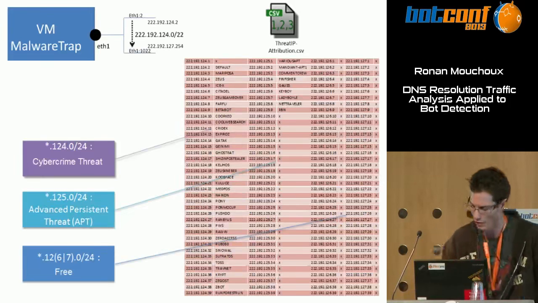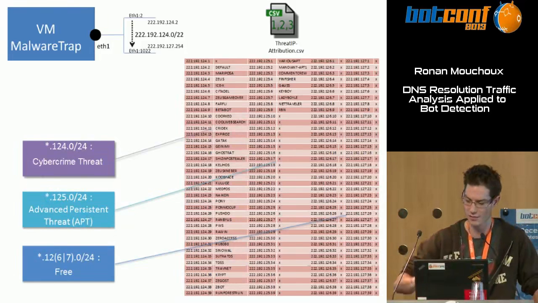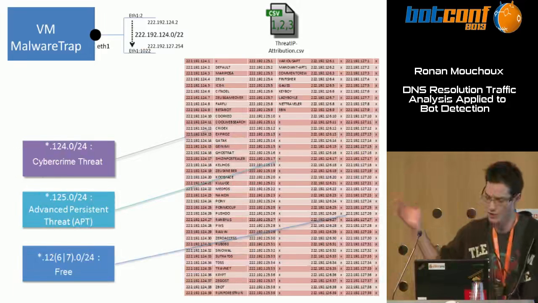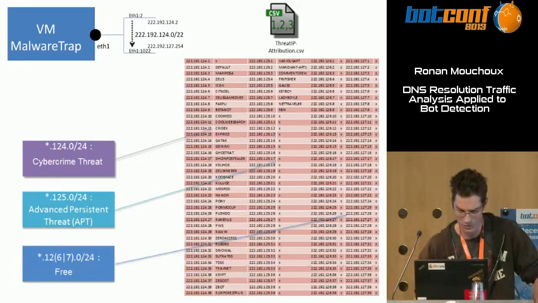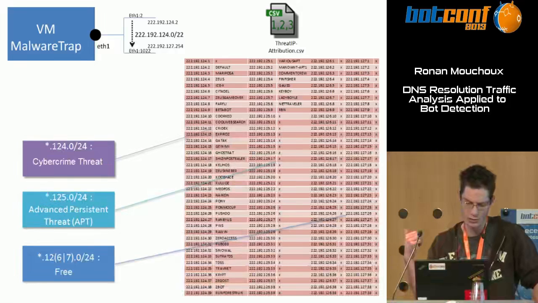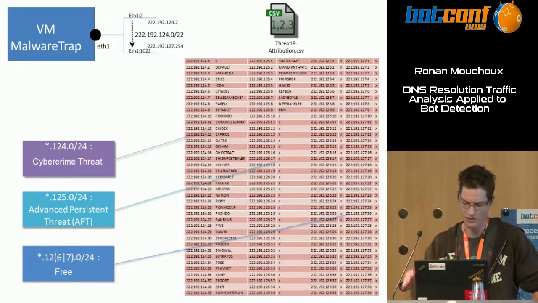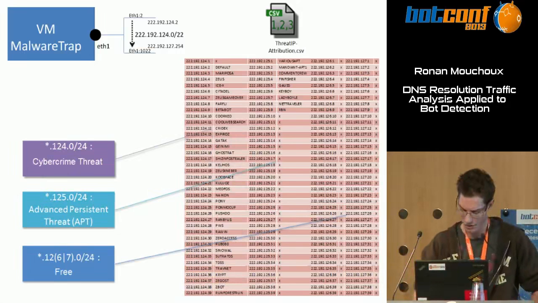And that's why we had 1,000 IP addresses on ETH1. For each IP address, we map it with a CSV file to the corresponding threat. So in this case, in the first /24, I put cybercrime threat. In the second, APT, and there are 2 available slots.